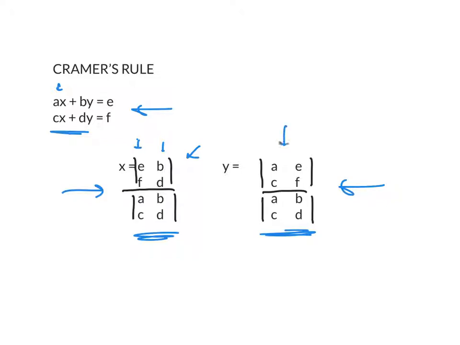But on the y, the numerator is going to be the x coefficients there, but instead of the y coefficients, you're using the e and the f. So when you're looking for x, we're not using the x coefficients, use the e and the f instead. When you're looking for y, do not use the y coefficients, use the e and f instead. The bottom of both fractions is the coefficient matrix, just coefficients.